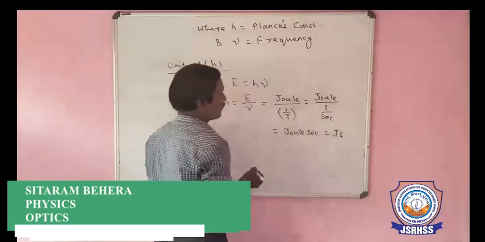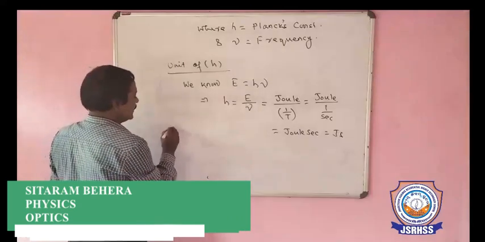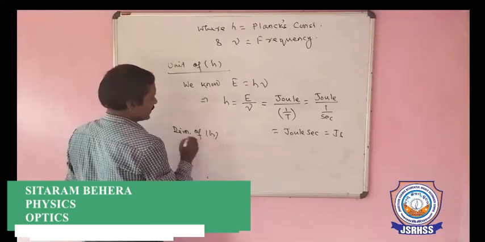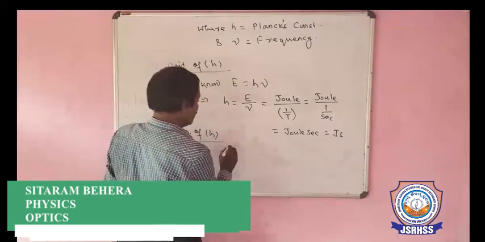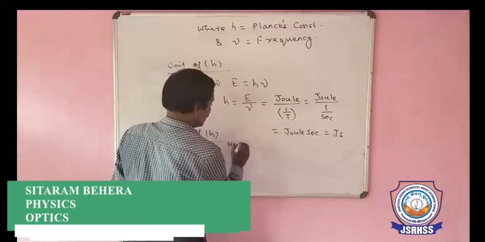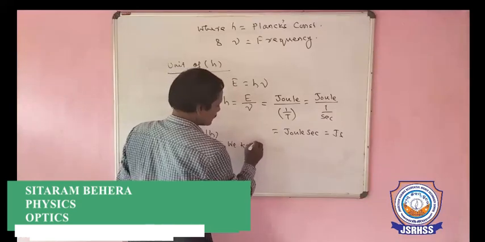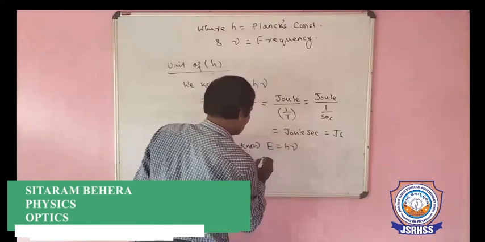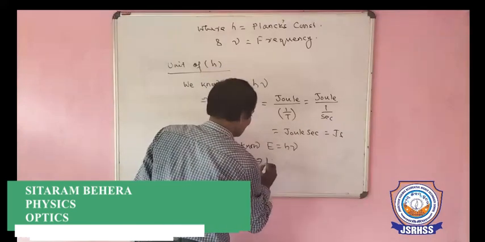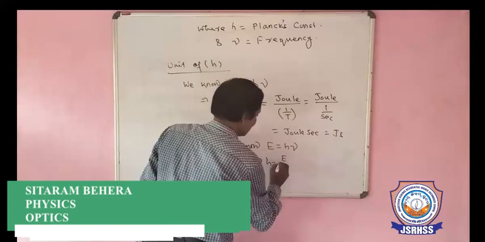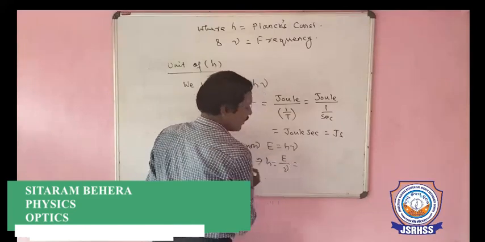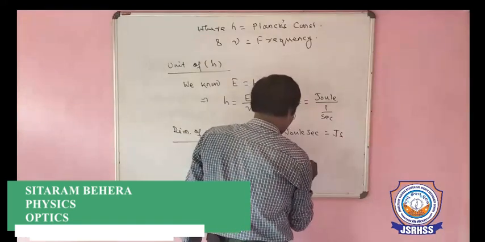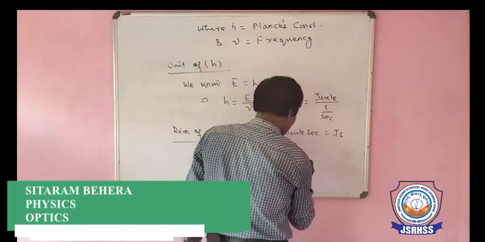Similarly, dimension of h. Say we know E is equal to h nu, so this implies h is equal to E by nu. Work is a form of energy, so you can write work, that is F s.